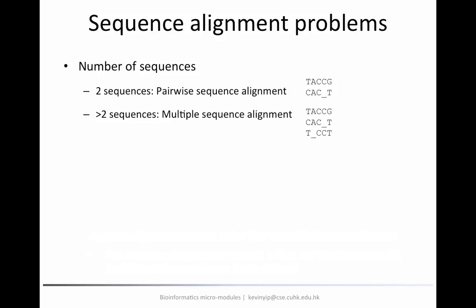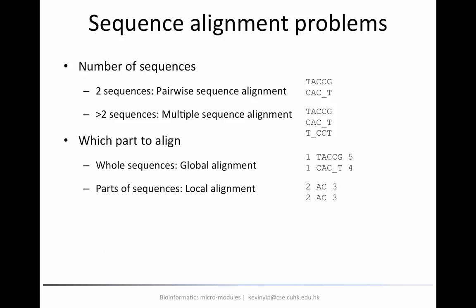There are many different variations of the sequence alignment problem. For example, depending on the number of sequences, if you have only two sequences, that is called pairwise sequence alignment. If you have more than two sequences, it is called multiple sequence alignment. Another aspect is which part of the sequences do you want to align. If you want to align the whole sequences, it's called global alignment.